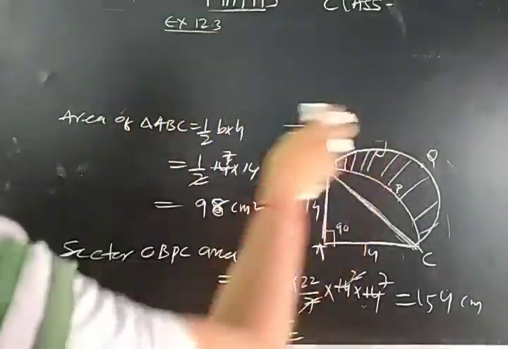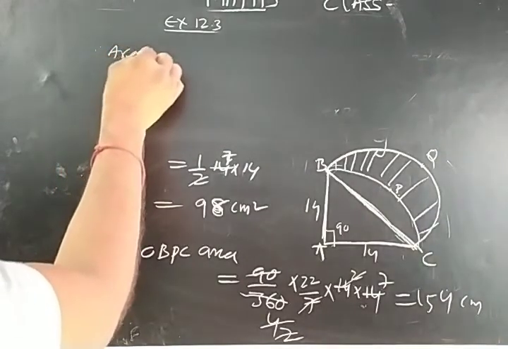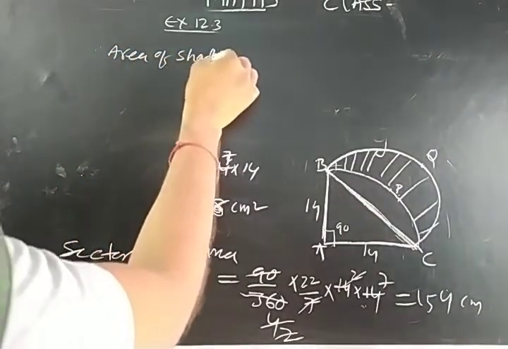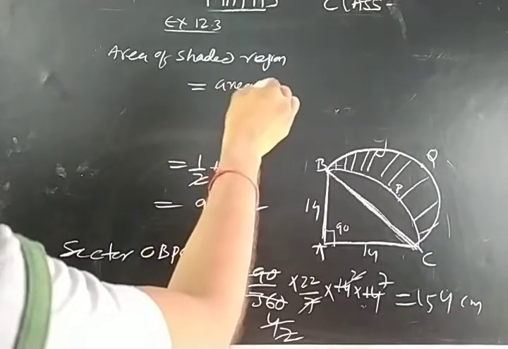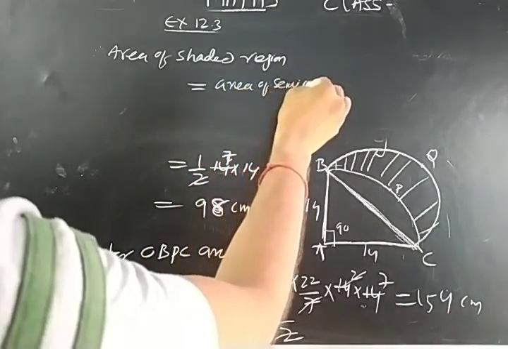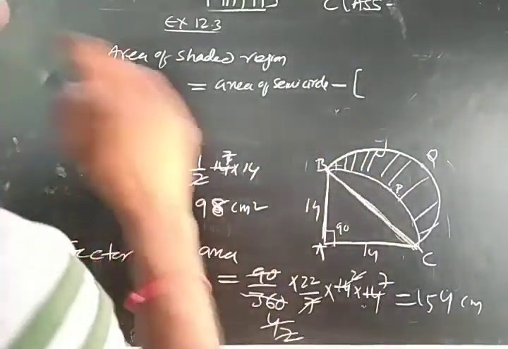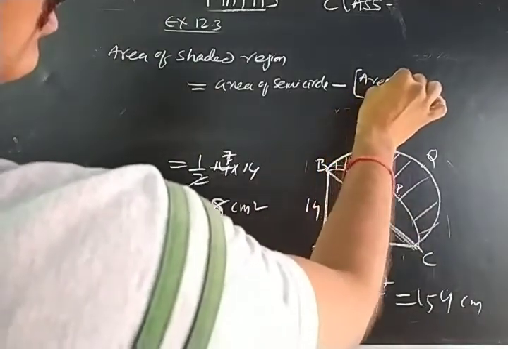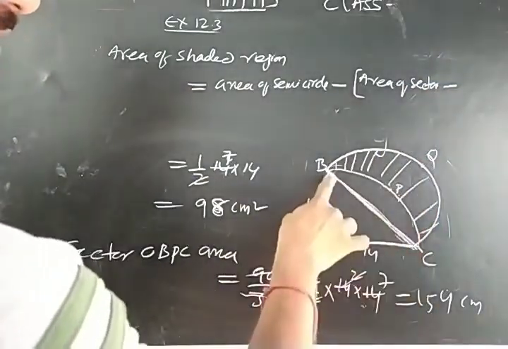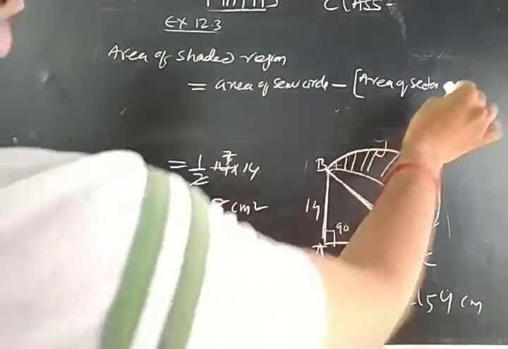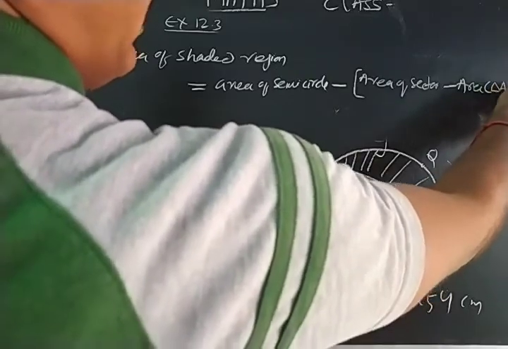Okay, right. Remember. Now the required, therefore area of shaded region is equal to area of semicircle minus area of sector, minus, from the area of sector we have to subtract the area of triangle ABC.